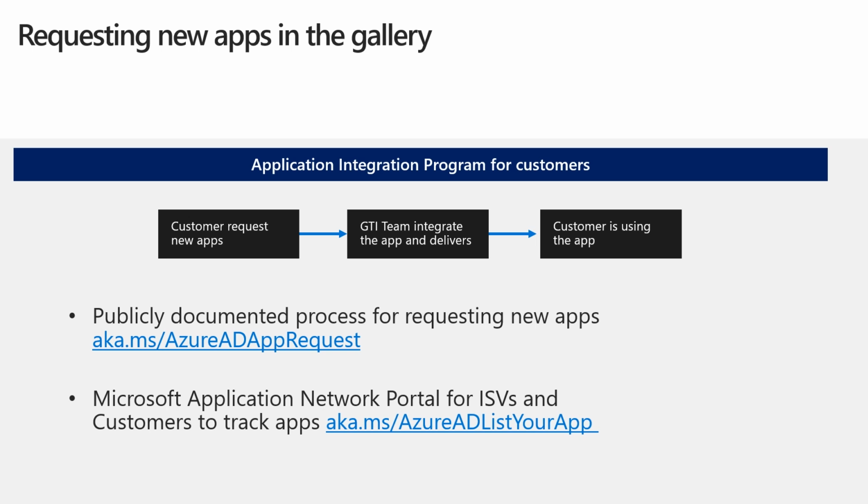Azure Active Directory also supports a program where you as a customer can request new applications to be added into the gallery. We call this the Application Integration Program for customers. In this program, the customer requests an app to be added into the gallery, and our Go-to-Integration team integrates that application and delivers it into the app gallery.